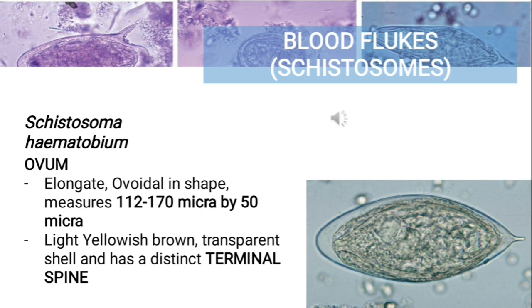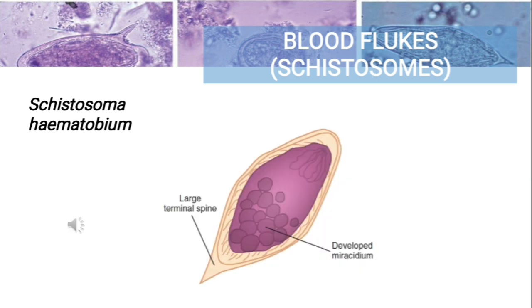It is partly mature when laid, with a miracidium, and in the tissues the eggs appear spindle shaped, with a rounded anterior and conical posterior end with a terminal spine. This picture shows the egg of our Schistosoma haematobium with some of its labeled parts.